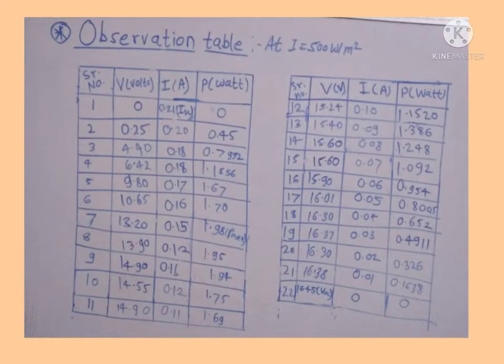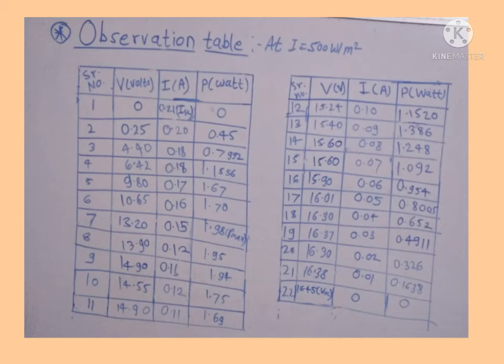Initially, when voltage is 0, the current is the short circuit current denoted by ISC. It is the maximum current provided by the solar cell when output connectors are shorted together. Further changing the dimmer's position, we get maximum voltage called open circuit voltage denoted by VOC.